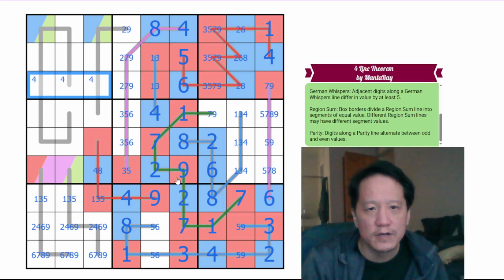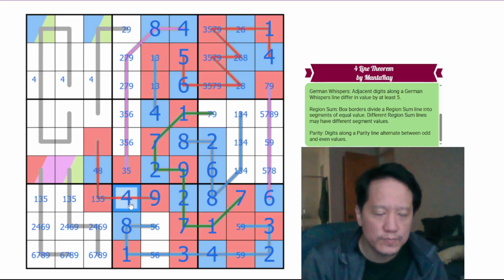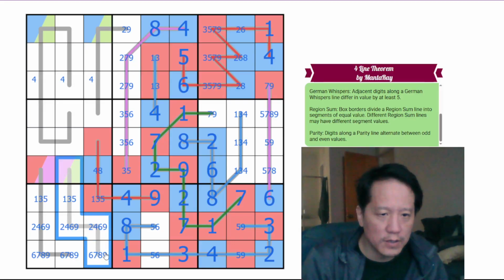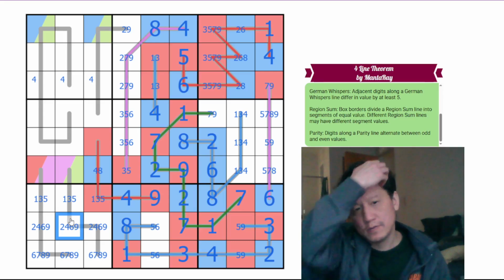It has to be there. So this is either 3 through 9 or 2 through 8. That's fine. Can this be Renban? Yeah. Could it be Whisper 5? Yeah.